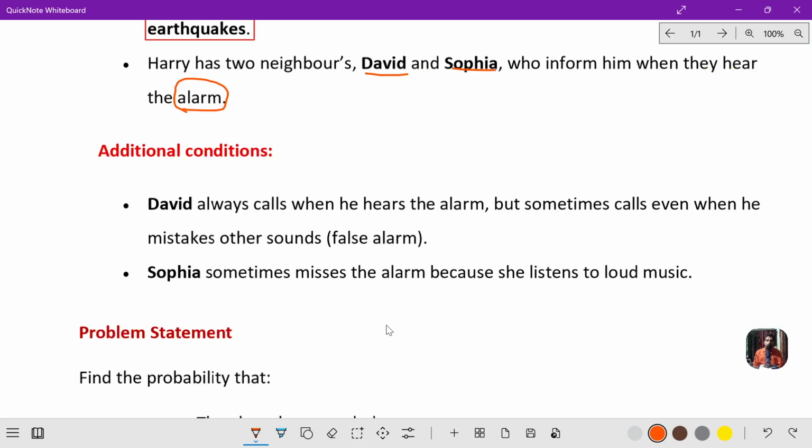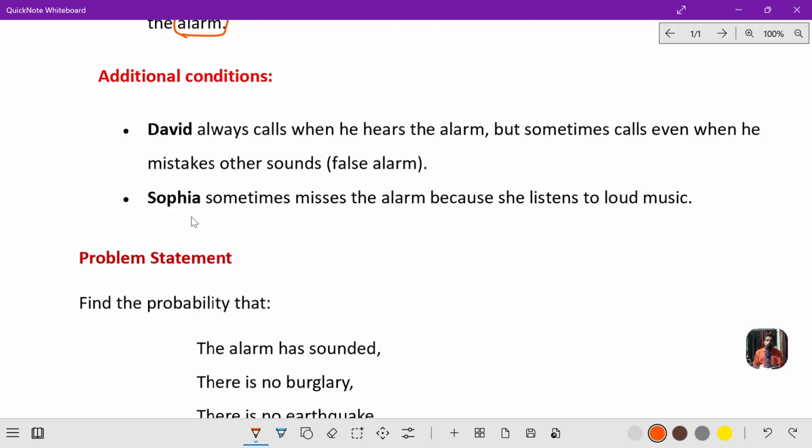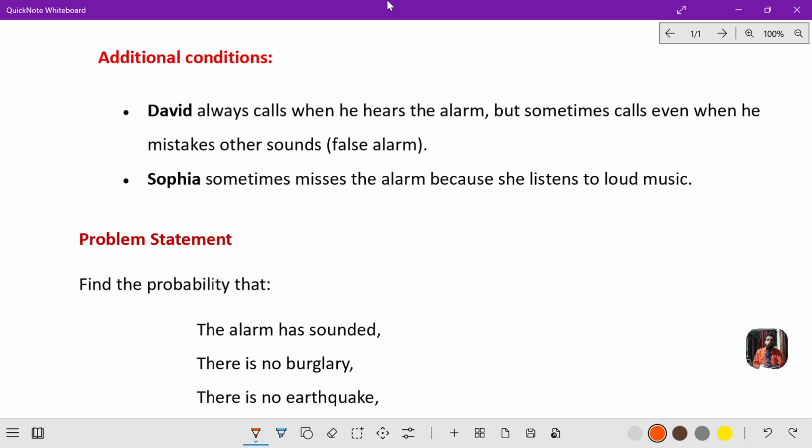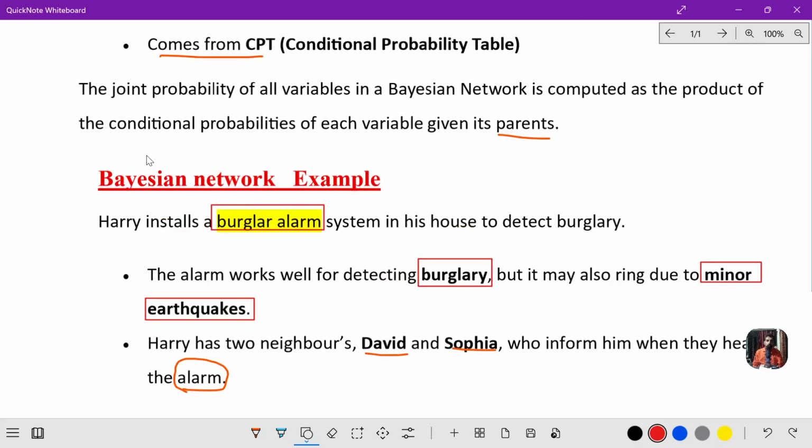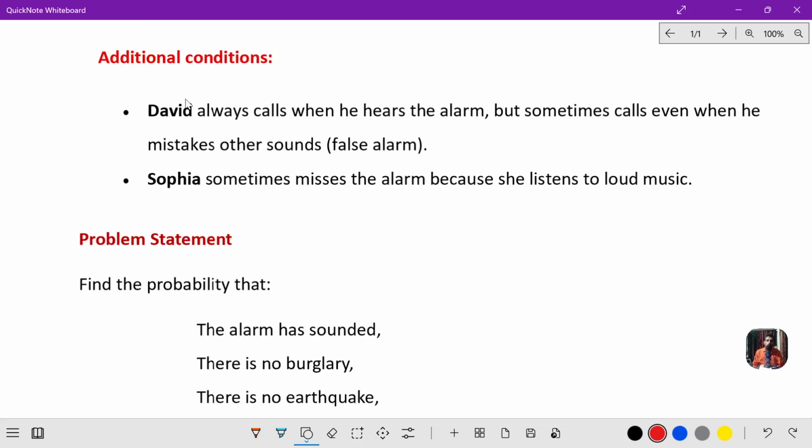Now what is the condition here? David always calls when he hears the alarm, but sometimes he calls even when he mistakes other sounds.